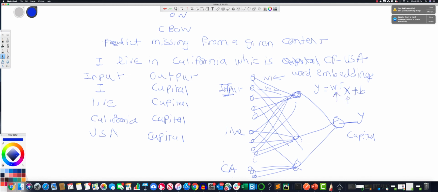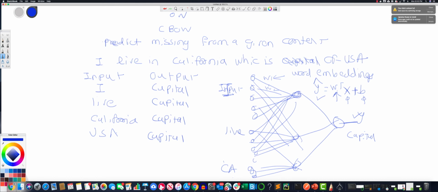This we already know from the input, and this bias also we learn. Initially we initialize these with random values, and then we compute the difference between y hat and y, backpropagate the errors as we saw in the example of deep neural networks, and try to minimize the error between the actual output and the predicted output. In the process we keep adjusting these weights and biases, and these weights and biases are known as word embeddings.